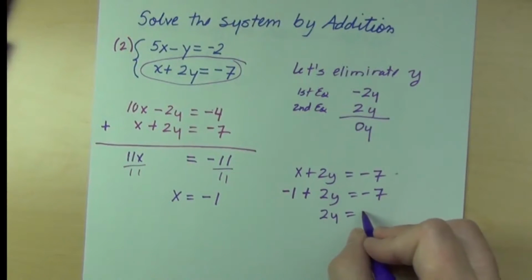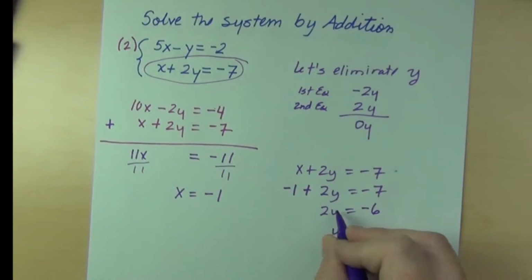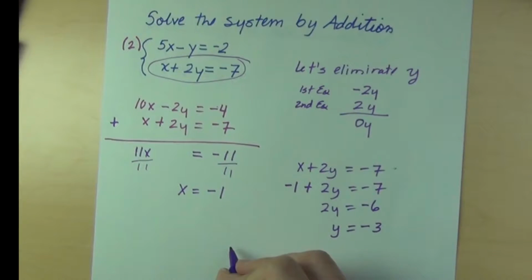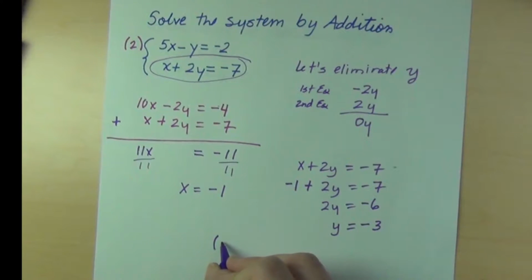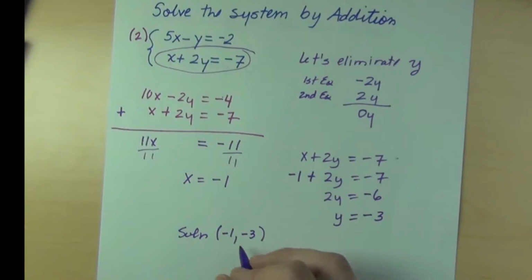Negative 7 plus 1 is negative 6. Divide both sides by 2. Negative 6 divided by 2 is negative 3. And so we come up with the point x as negative 1, y as negative 3. This is the solution. When we find one point where they intersect, we call this consistent.